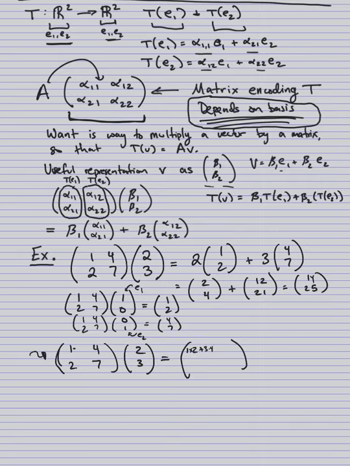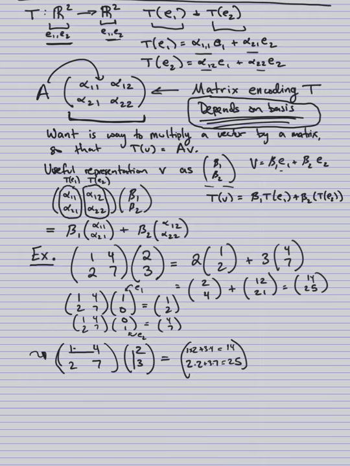Okay, so you look at this row and you multiply it by this column by multiplying the first two coordinates, multiplying the second two coordinates, and adding them together. Do the same thing here, so you get 2 times 2 plus 3 times 7, but of course we can check that this is equal to 14, and that's equal to 25. It's exactly the same procedure, just written slightly differently.